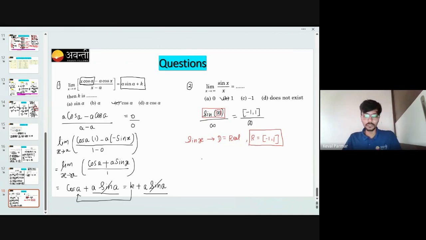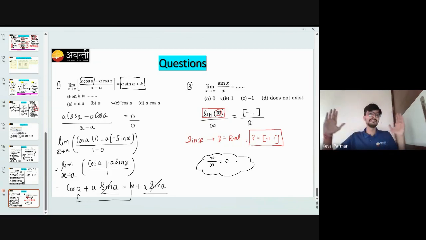As we all know, any number upon infinity is always equal to zero, because infinity is a very large number. If we divide any number by a very, very large number, we will get very, very close to zero.